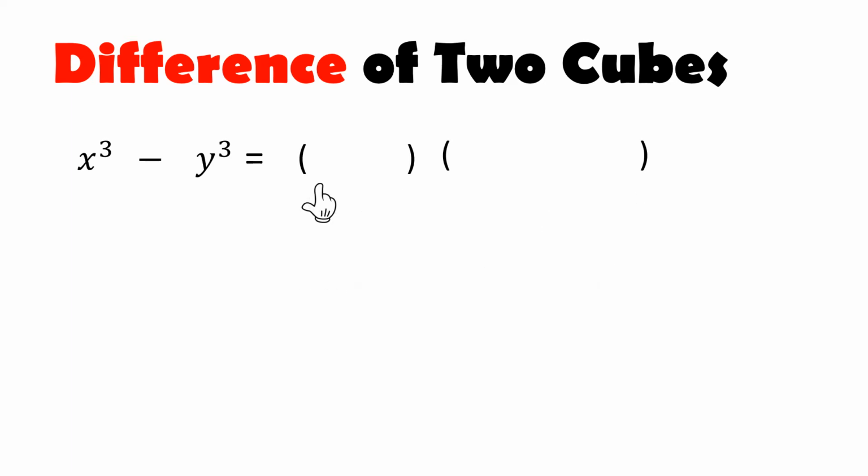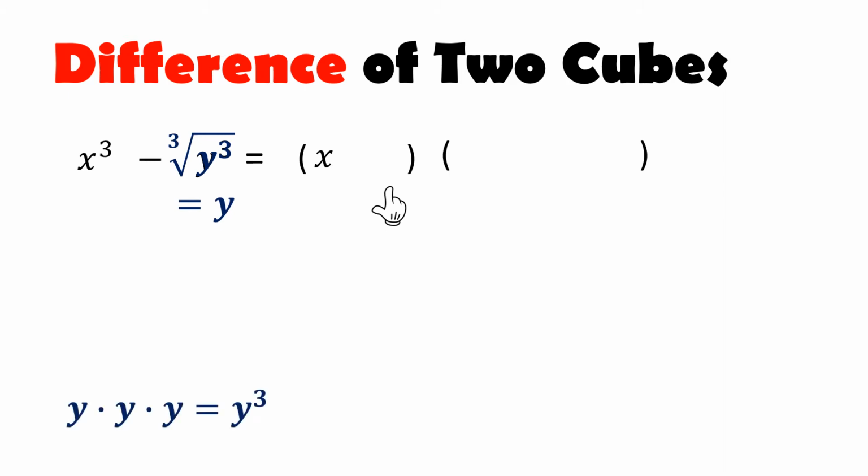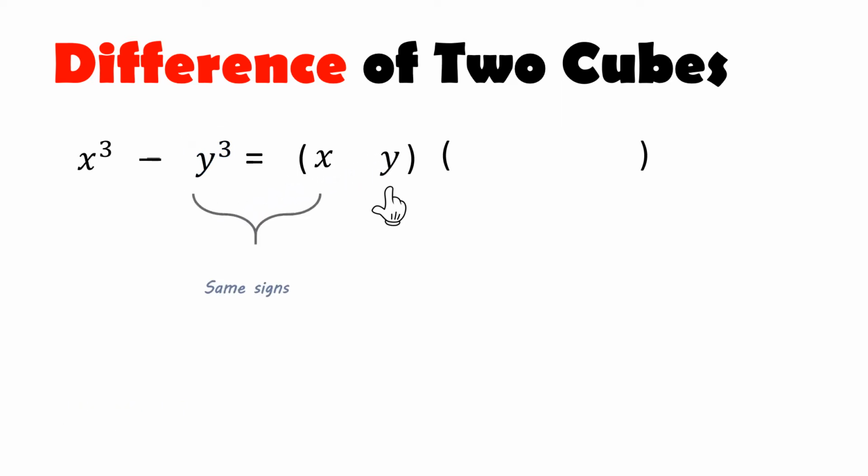Now, in the binomial, to get the first term, you are going to get the cube root of x cubed, which is equal to x. So write down x. And then for the second term of the binomial, you get the cube root of y cubed, which is equal to y. So you write down y. And then the operation between the two is the same as the difference of the two cubes. So minus.